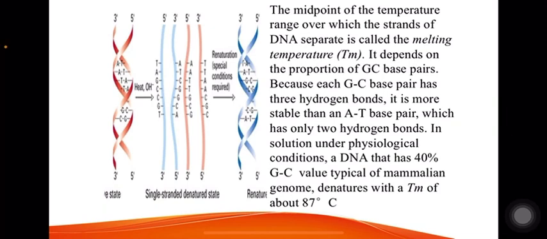This is a temporary or reversible process. When the solution regains its original temperature and pH, it comes back to the normal double-stranded structure, and this is known as renaturation.